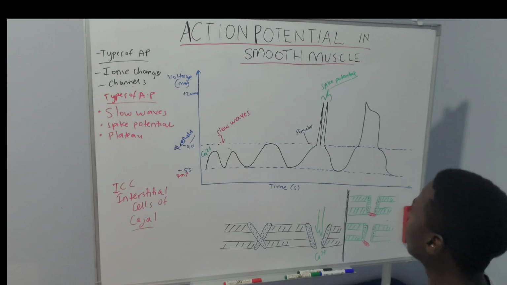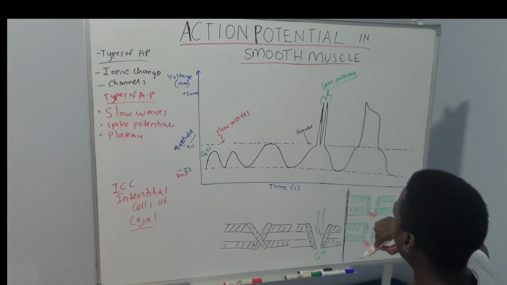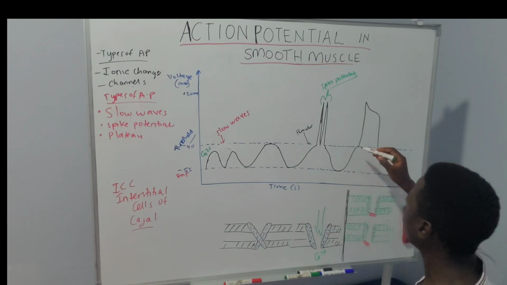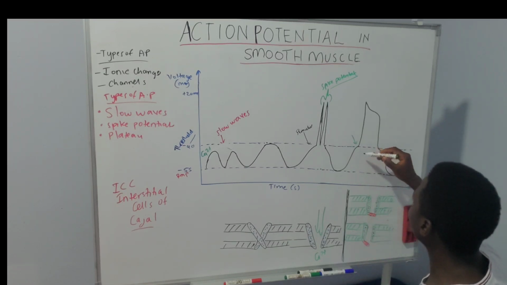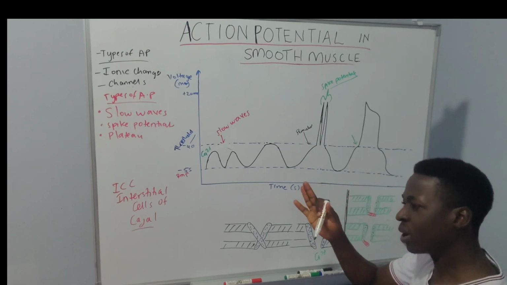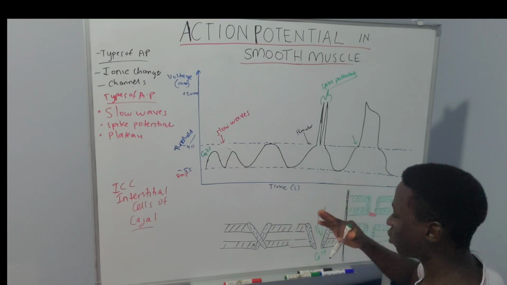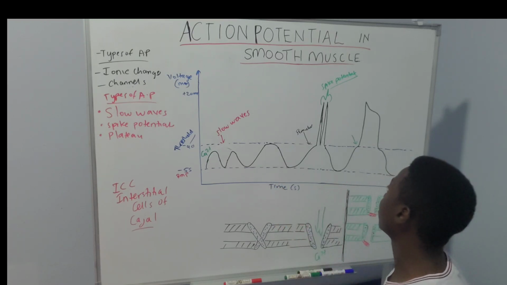All right. There's another action potential that does occur, also called a plateau potential. When the membrane potential reaches the threshold, it causes an influx of calcium ions. The plateau mimics the picture of the cardiac muscle, though it's not so typical because it's very short.